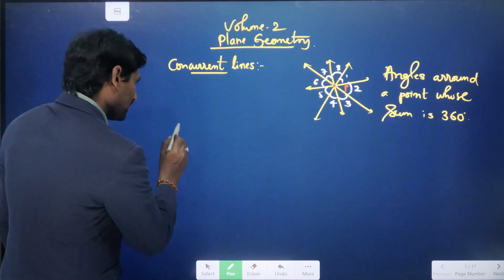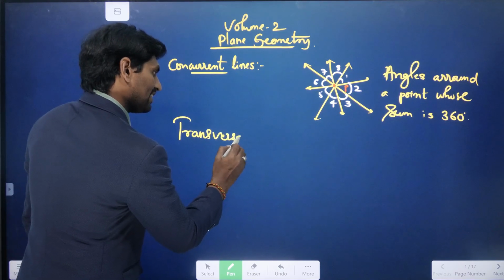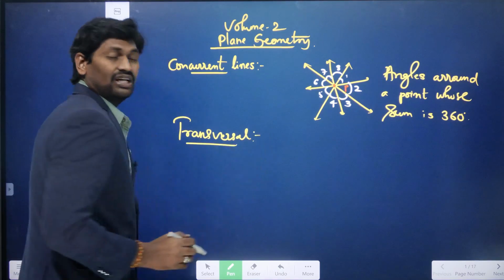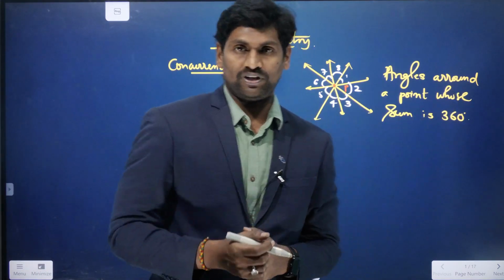Let us discuss the transversal. Transversal lines are nothing but if a line intersects two or more lines at distinct points.